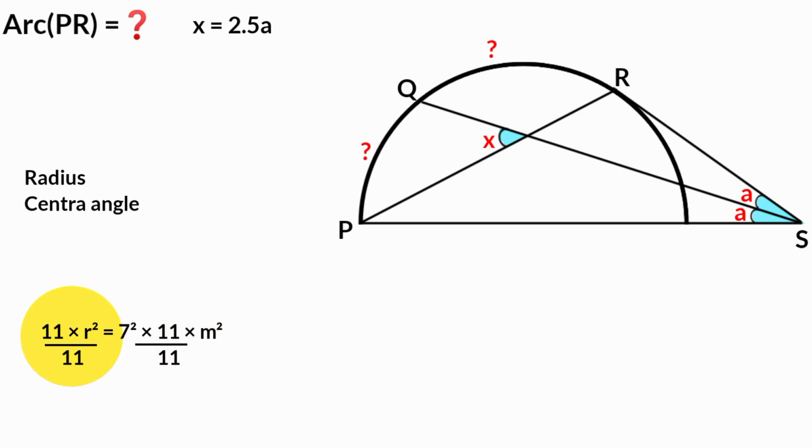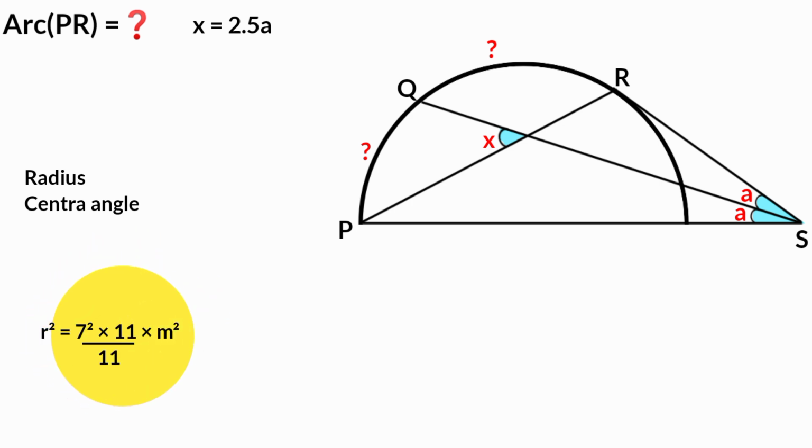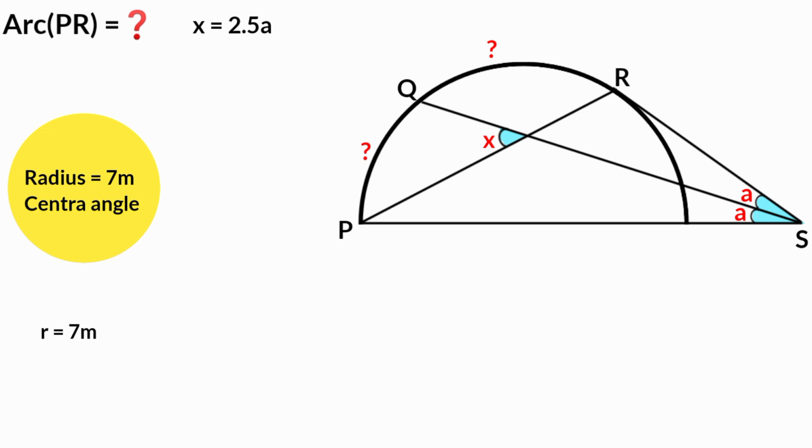Here 11 cancels 11, so r squared equal to 7 squared meter squared. Take the square root of both sides. Here square root of r squared is r, while here square root of 7 squared meter squared is 7 meters. So r equal to 7 meters. That is, the radius of the semicircle is 7 meters.